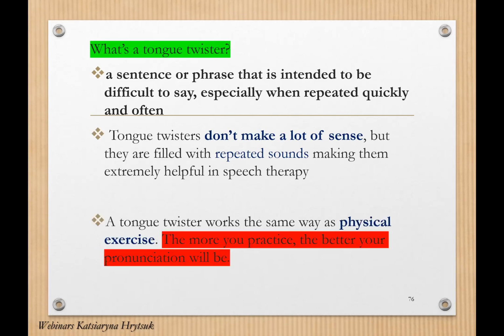Now, a tongue twister works the same way as a physical exercise. If you do your sport every day, you will achieve your goal. You will succeed. But you should do it regularly, often and quickly. So the more you practice, the better your pronunciation will be.